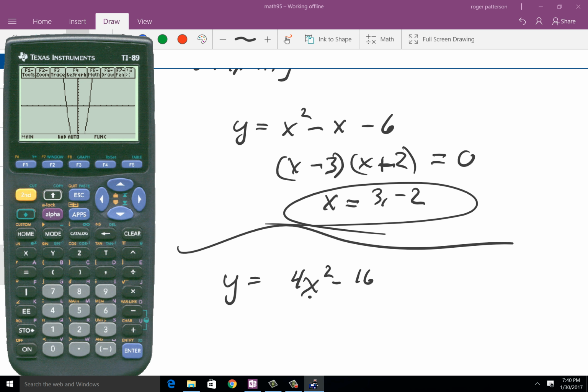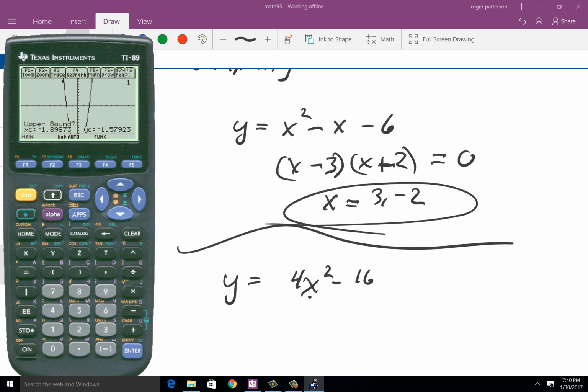All right. So it looks like 2 and -2, and I can go find them. Let's go find them one more time just so we know how to do it. What button do we push on this? Good thing we're doing it. F5, right? And then what do I push? Zero, somebody said it. Lower bound means left. Upper bound means right.